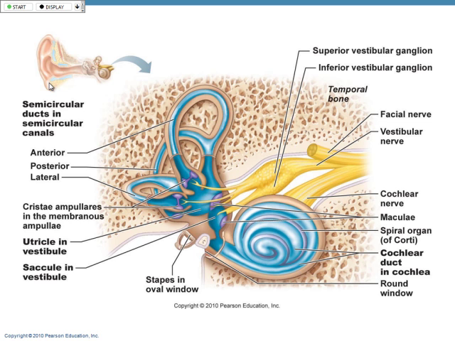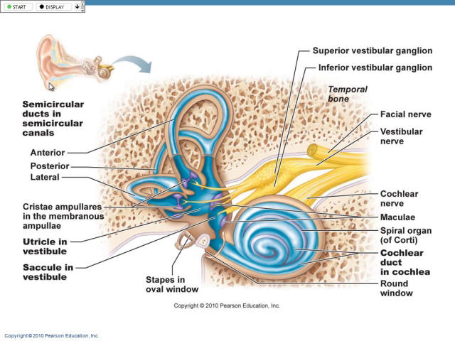And what are we going to find in there? More canals with fluid and the receptors for our sense of hearing. We're going to find those located in an area called the organ of Corti. And we're going to find our receptors for equilibrium in an area called the macular region.